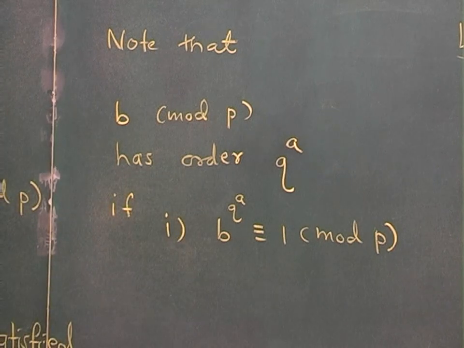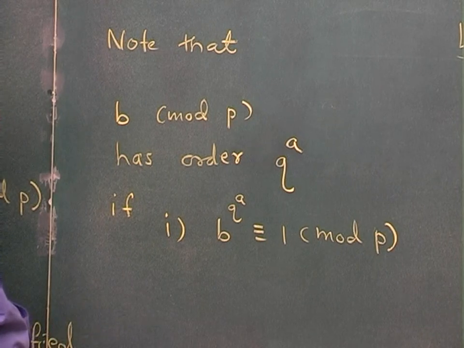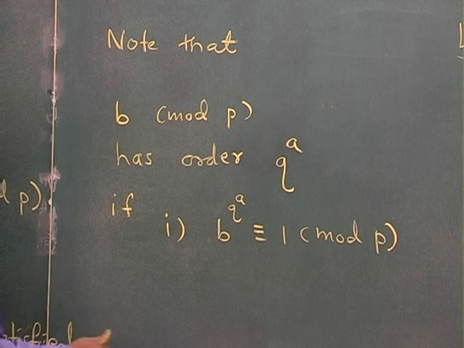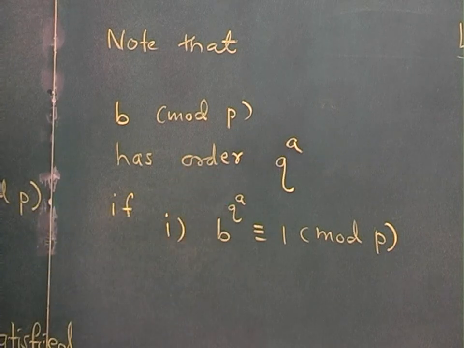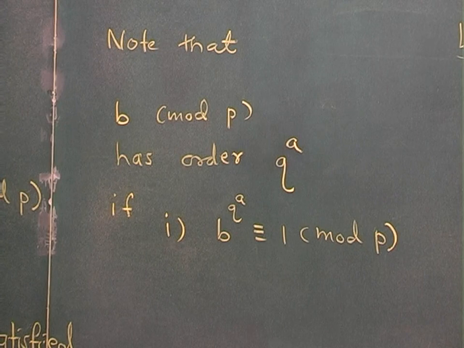What does that mean? If some lower order is there, then that has to divide q raised to a. So it will be 1, q, q square, etc. some power. Lower means it should be up to q raised to a minus 1.